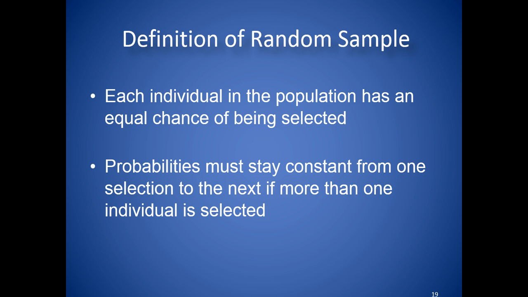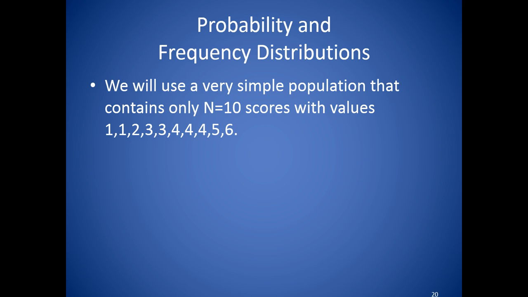So you want to do a random assignment. Each individual still has an equal chance to be selected, but now you're trying to balance the characteristics, the features of the two arms, control versus experimental, using a very specific feature or characteristic of the disease to make sure that there's no bias. Probabilities must stay constant from one selection to the next if more than one individual is selected.